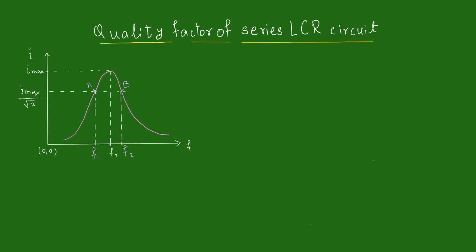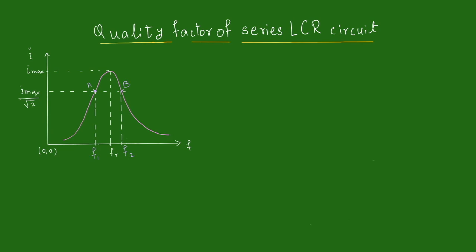Let us now define the quality factor of a series LCR circuit. For a series LCR circuit, quality factor is defined as the voltage magnification in the circuit at resonance. Hence, it is given as the voltage across either the inductor or the capacitor in the circuit at resonance divided by the supply voltage in the circuit.